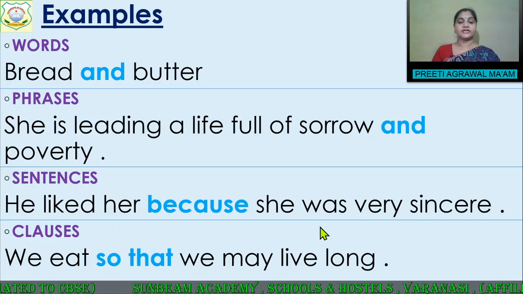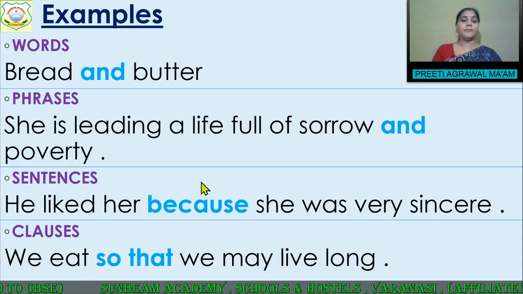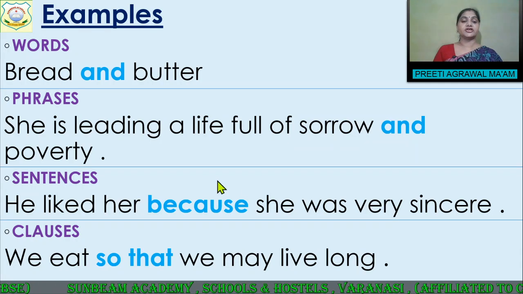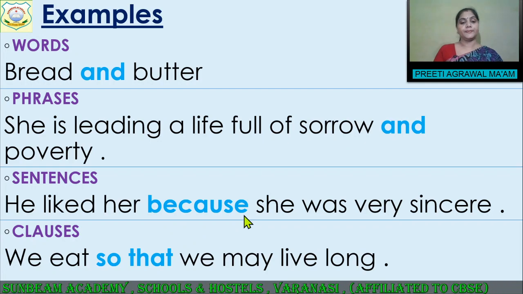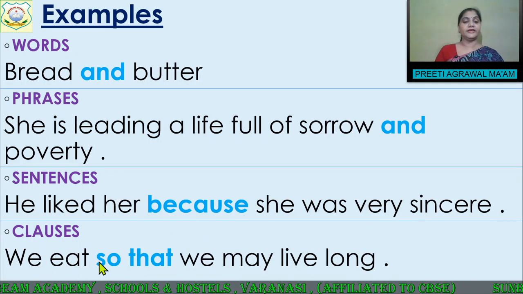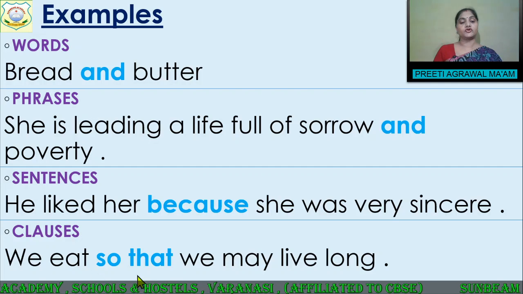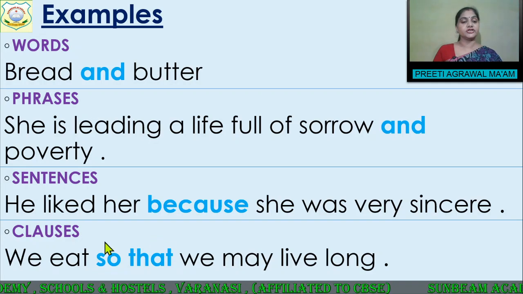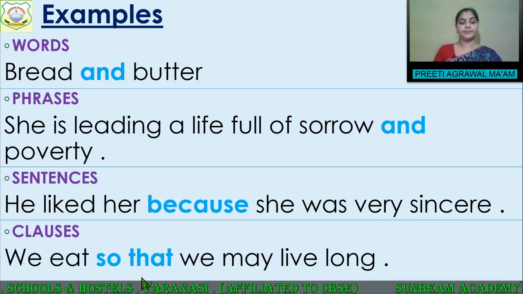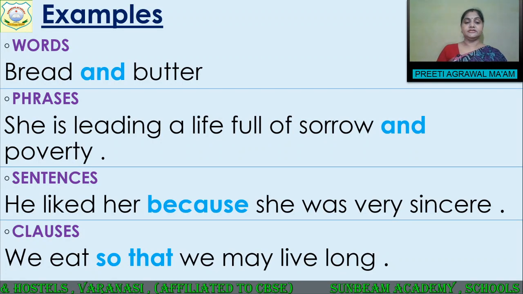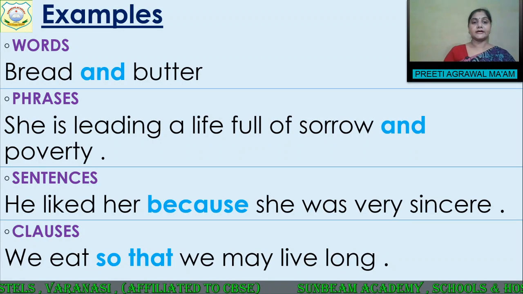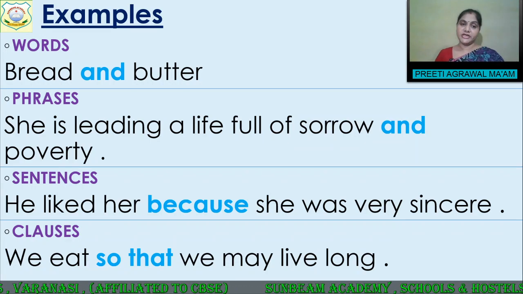But these two sentences have been joined with the help of this conjunction "because". So "because" is your conjunction here. In the same way, clauses also: we eat so that we may live long. "So that" here is your conjunction in the clause. So all these examples just tell us what a conjunction means.